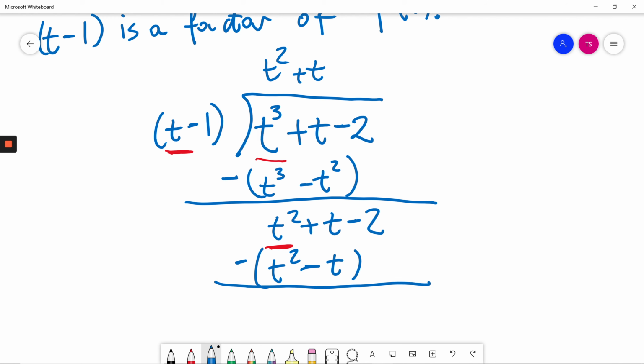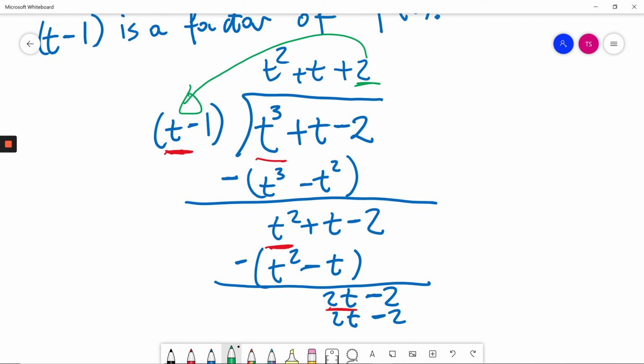So this will become 2t minus 2, then 2t divided by t will be equal to plus 2, so 2t minus 2 is 2 times this bracket, and then the remainder, of course, is 0.